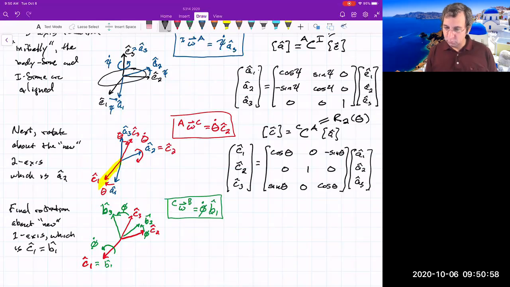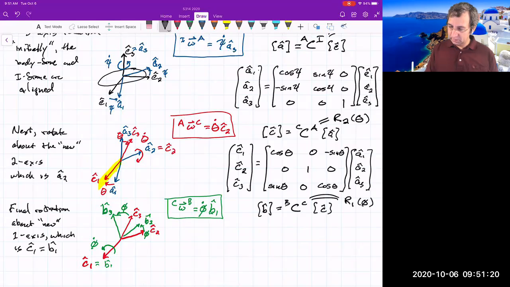And remember, again, the B frame directions equals a rotation matrix times the C frame directions. And this rotation is a rotation about a number 1 axis through an angle phi.